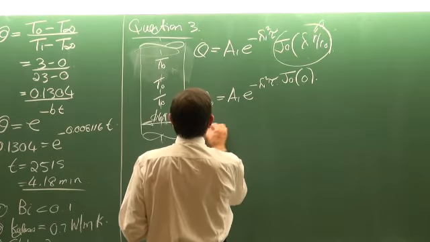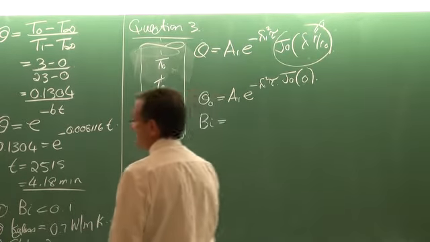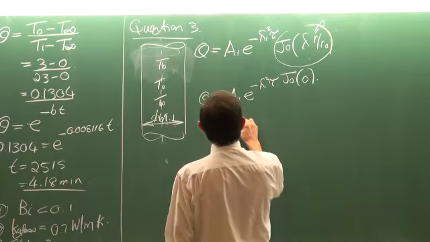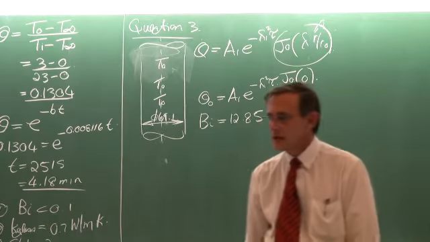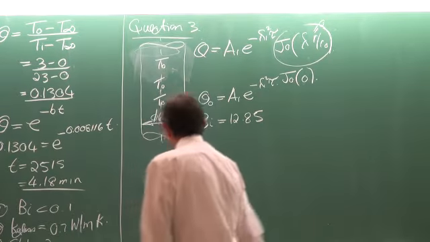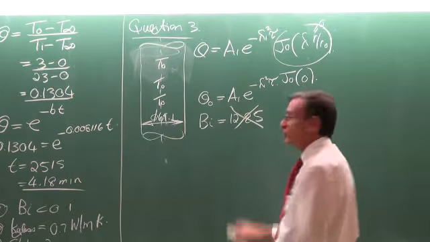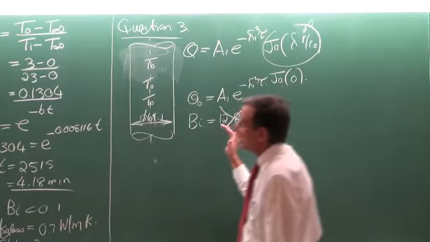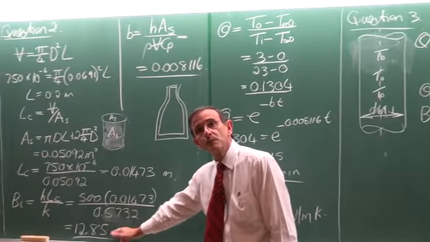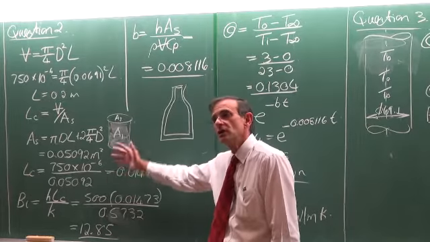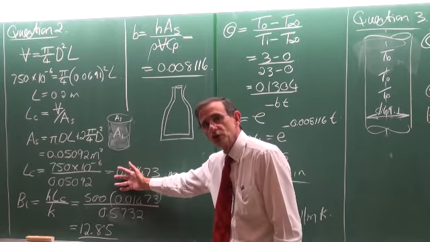The calculation of the Biot number, right, now can we say the Biot number is equal to 12.85? Is that correct? No, we cannot say that. This Biot number that we've calculated here has been calculated in a special way to ensure it works for the lump system approach.